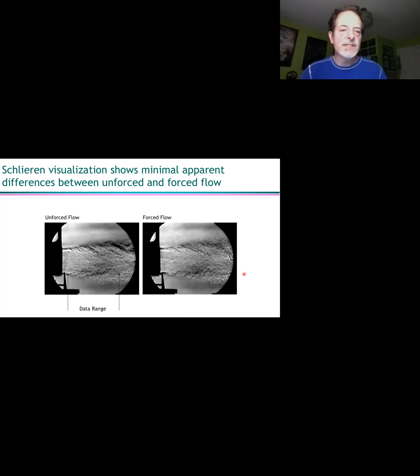If you do your Schlieren photograph again, and you look at your unforced flow on the left and the forced flow with the actuators running on the right, I don't see much of a difference. Do you? I don't. If you squint at it, you can maybe imagine things are a little bit different, and I'll get to that later when we look at the data. But it's interesting that you can put all this energy into the flow and the mean flow doesn't look that different. So what's going on?